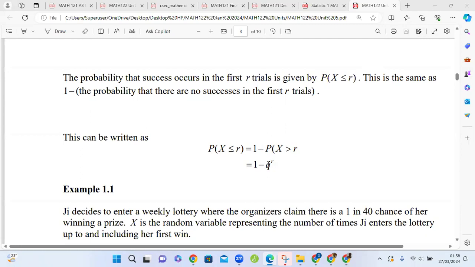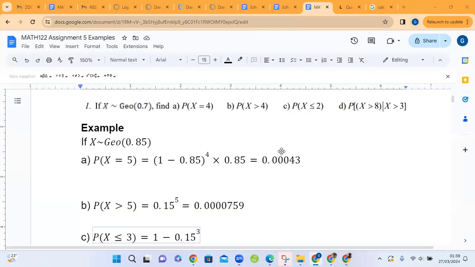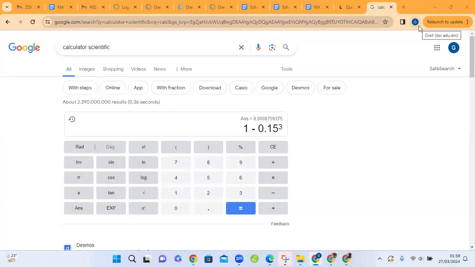And that's 1 minus q to the r. So that would be 1 minus 0.15 raised to 3. That's approximately 0.9966.